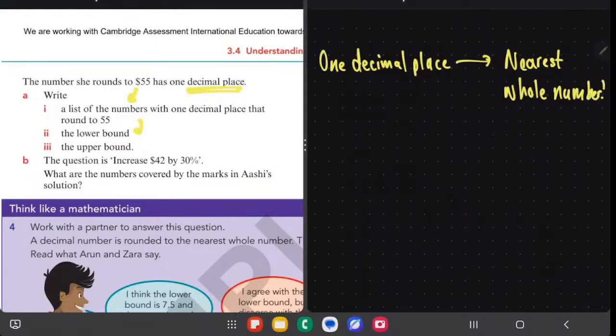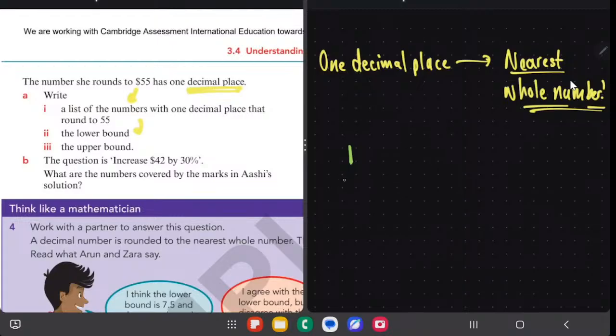When you are told that something has 1 decimal place, you don't care about the decimal place. You want to know what it is to the nearest so that we can use it to find our special value. If something has 1 decimal place, it is to the nearest whole number. So to find your special value, whole number means 1.